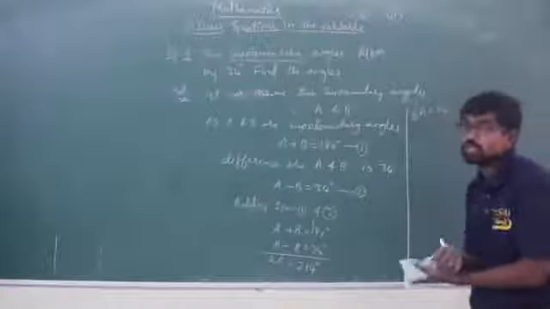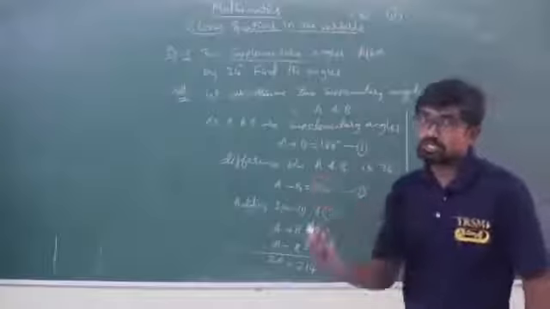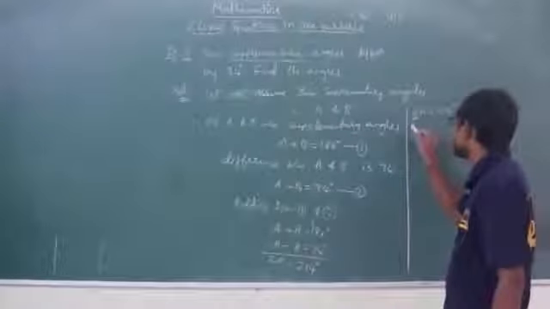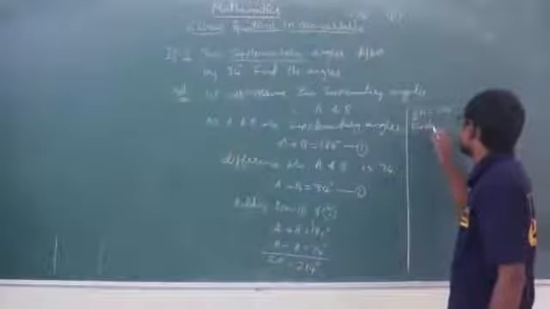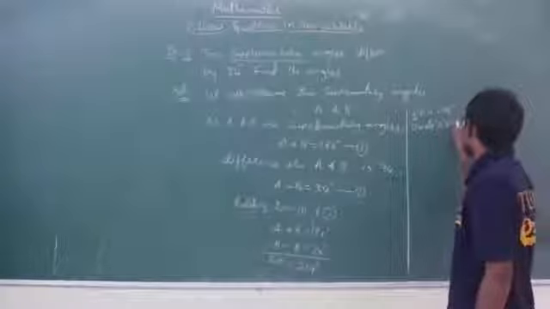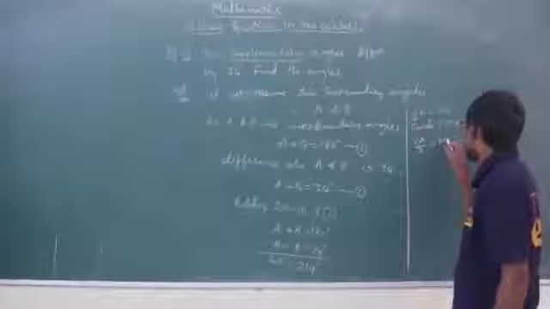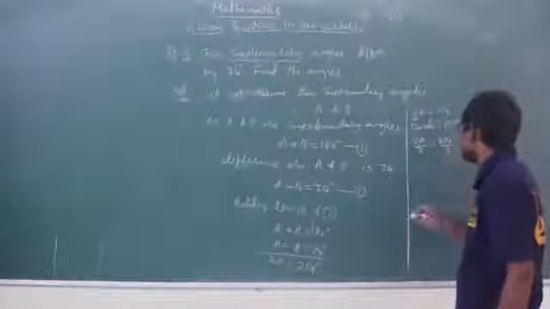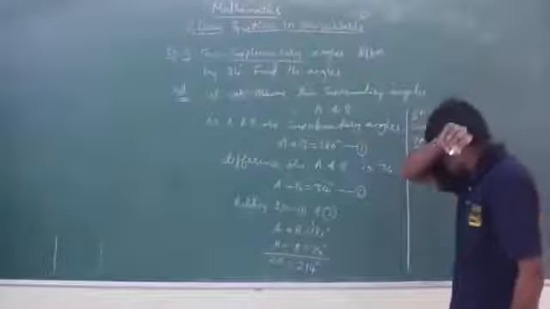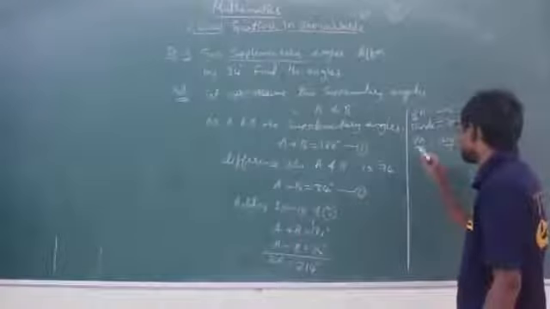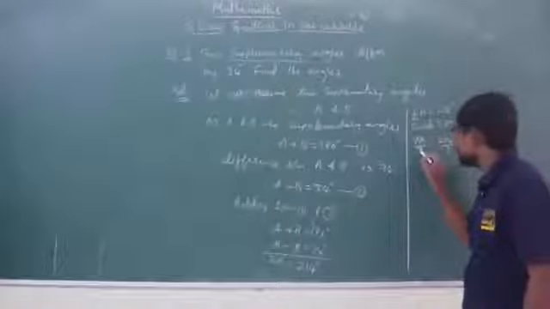2 is multiplied with this variable, so here I have to use the multiplicative inverse, that is, we have to divide by 2 on both sides, isn't it? So 2A divided by 2 is equal to 214 degrees divided by 2. 2 divided by 2 is 1.